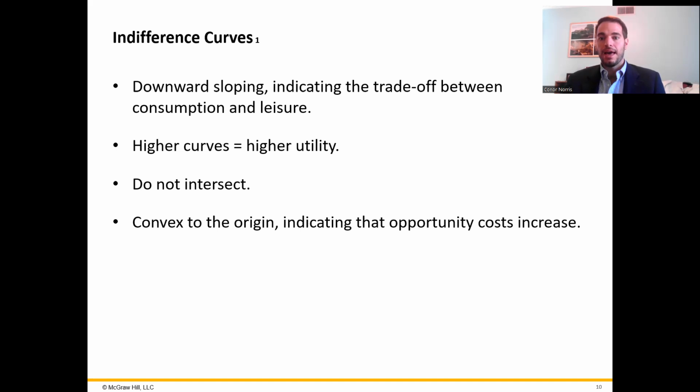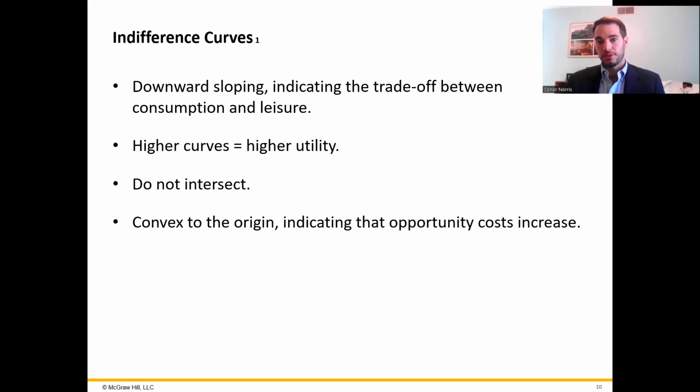On the other hand, if you have a lot of consumption, and so you're working crazy long hours and only spend a little bit of time engaging in leisure where you're not working, you might be willing to give up a lot of consumption just to gain an hour of leisure. So this convex shape, where it kind of bows towards the origin, reflects the changing rate as it goes on. So it's not a straight line, it's bowed, it's curved like that, like we'll see in a moment.